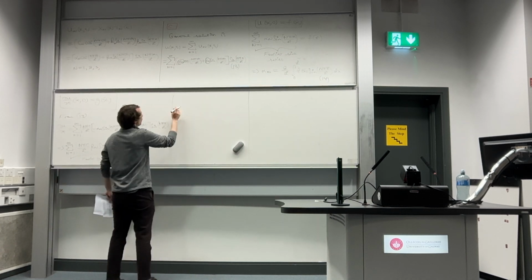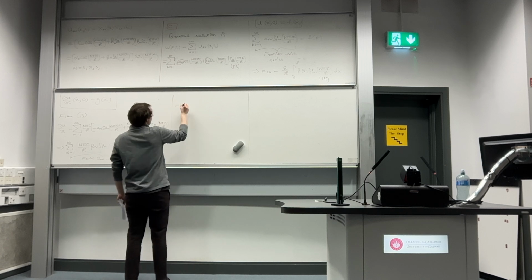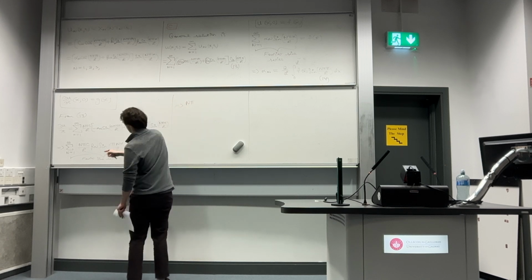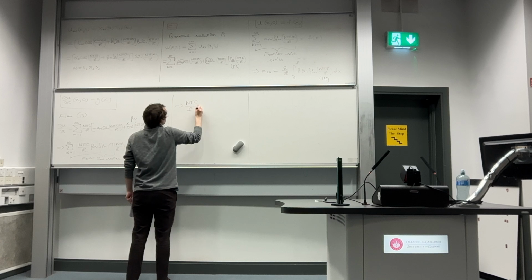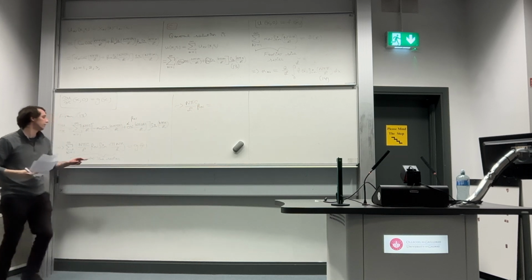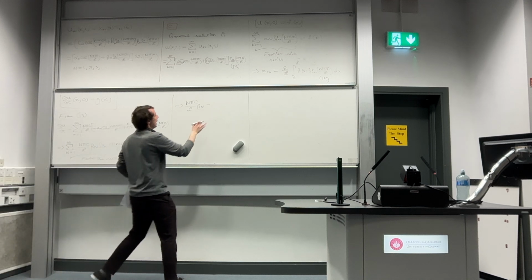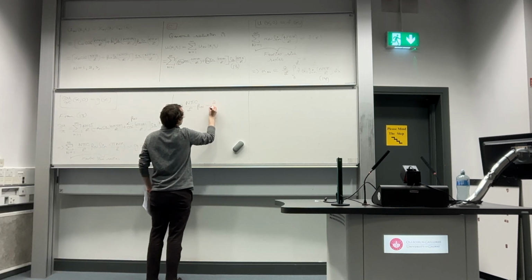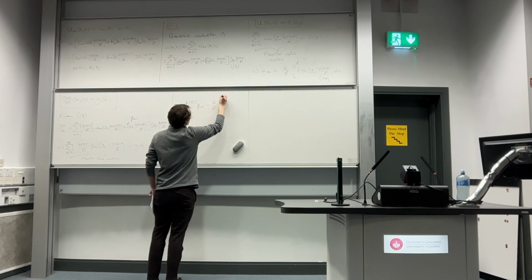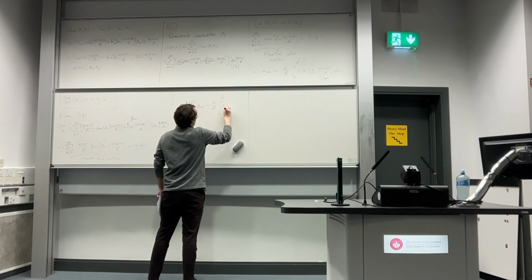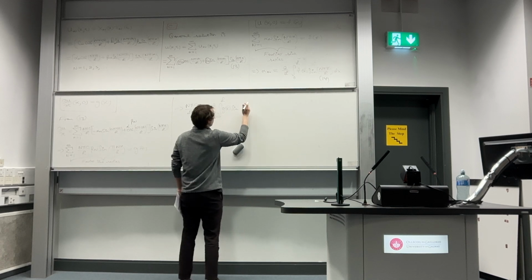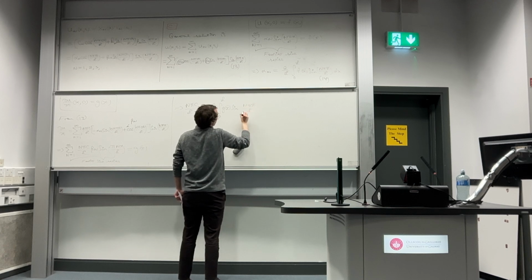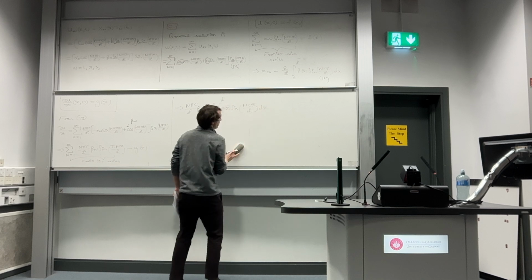Which you know from your lectures that you can identify as follows. The Fourier sine coefficient, n pi c over L times beta_n, has to be equal to 2 over L times the integral from 0 to L of g of x bar times sine of n pi x bar divided by L, dx bar.